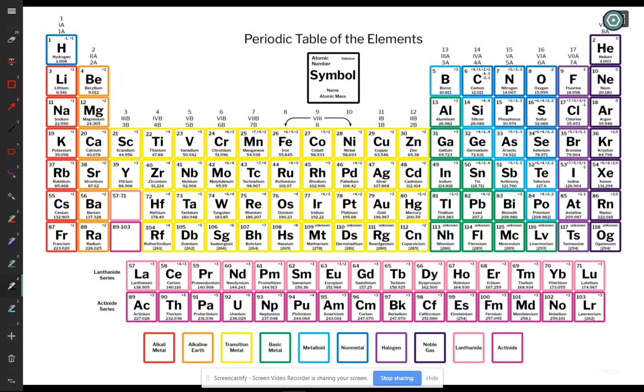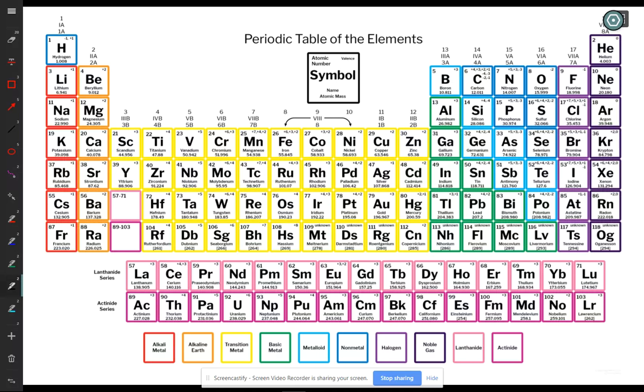Each column represents different chemical behaviors. And then if you have two elements that have the same chemical behavior, roughly speaking, he put the heavier one down below.